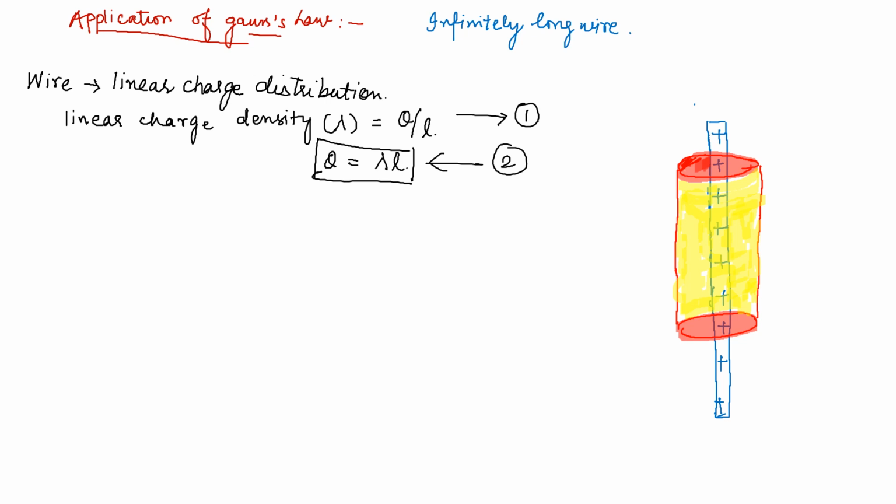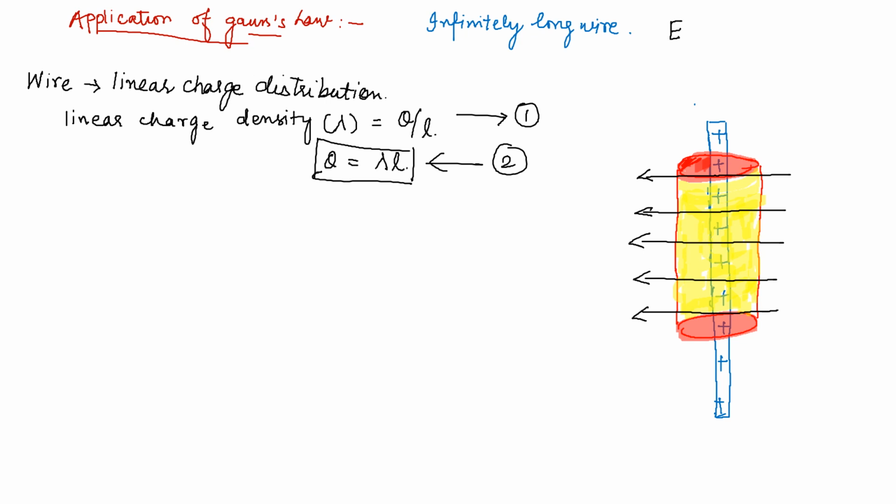Now the electric field, what is the direction of the electric field? This is the direction of the electric field. They are moving from your right to your left or from your left to right. You can take any direction. So they are not along the direction of the wire or along the length of wire.